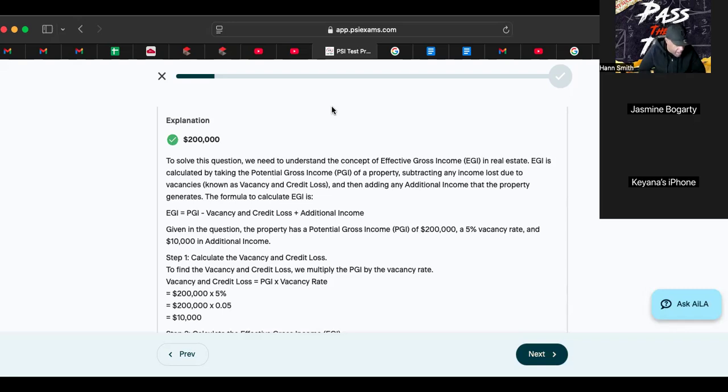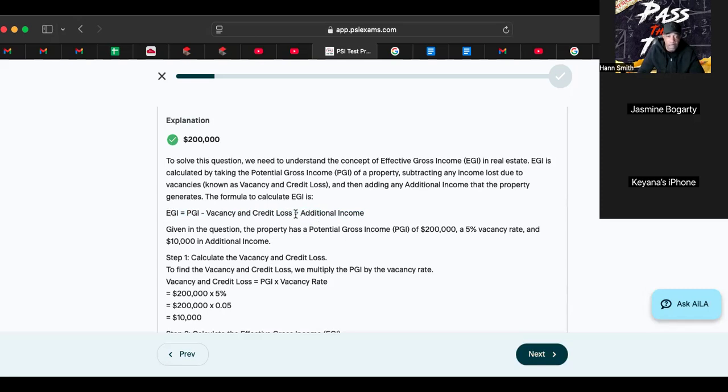The formula to calculate EGI is effective gross income equals potential gross income minus vacancy and credit loss plus annual income. All right. So let's do this equation here. So maybe I'm wrong. Let's see what it comes up to.